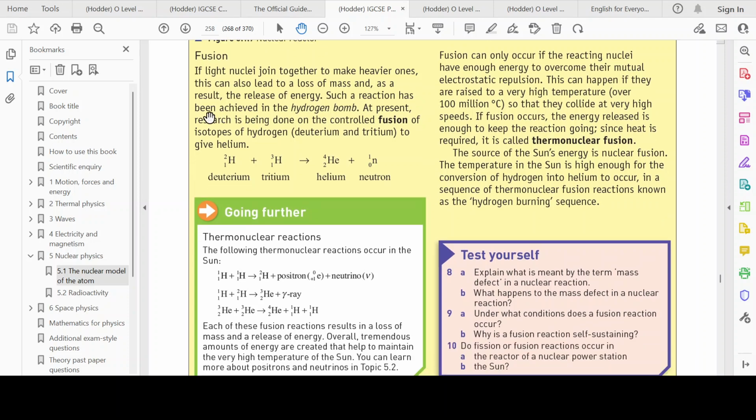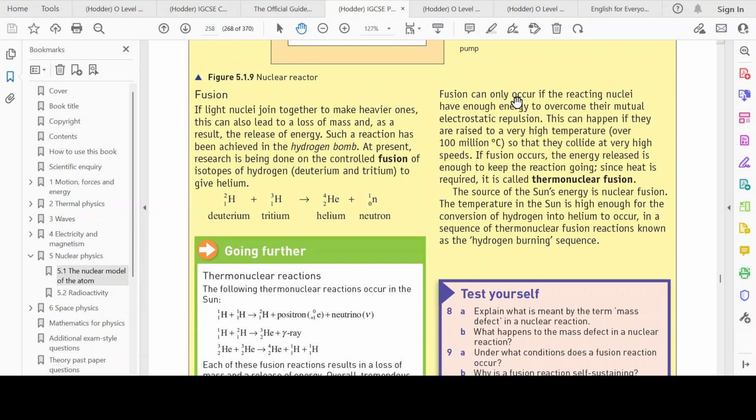Such a reaction has been achieved in the hydrogen bomb. At present, research is being done on the controlled fusion of isotopes of hydrogen, deuterium and tritium, to give helium. So you've got deuterium over here, with a proton and a neutron, tritium with a proton and two neutrons, and combining those two gives you helium, which is inert, a noble gas, and the release of a neutron.